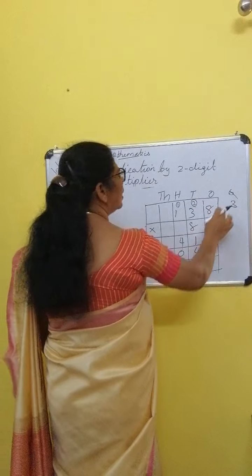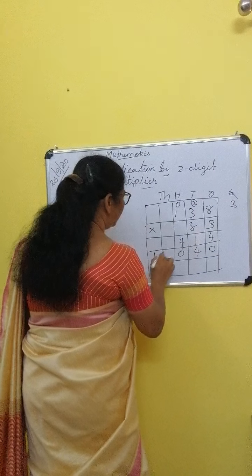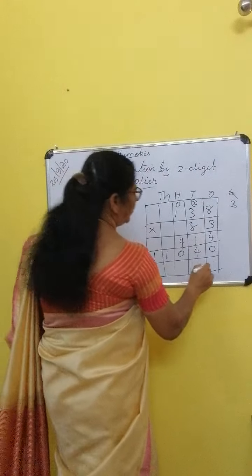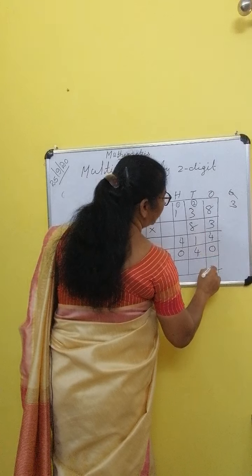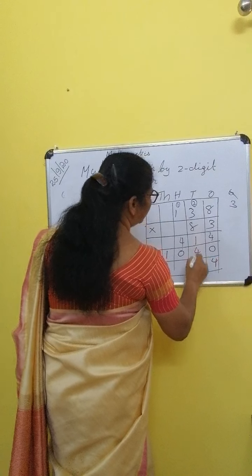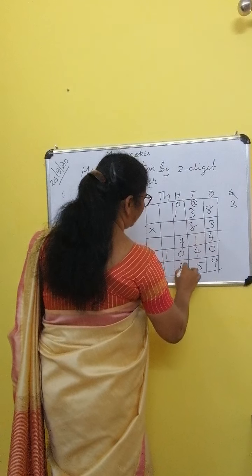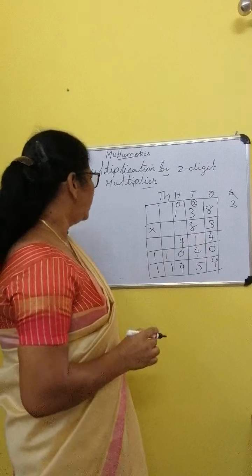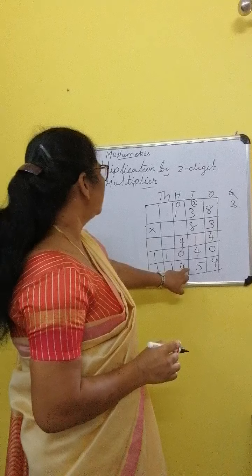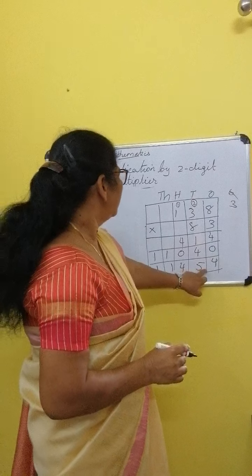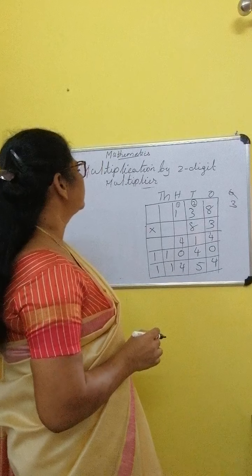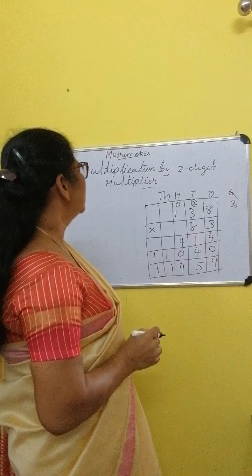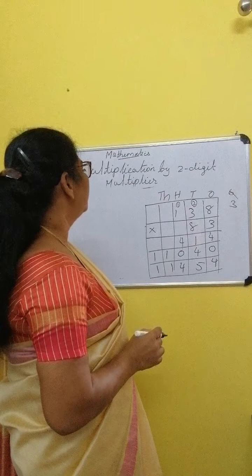Then 8 ones are 8 plus 3, 11. Then 4 plus 0, 4, 4 plus 1, 5, here 4, here 1, here 1. How to read? This is 11,454.